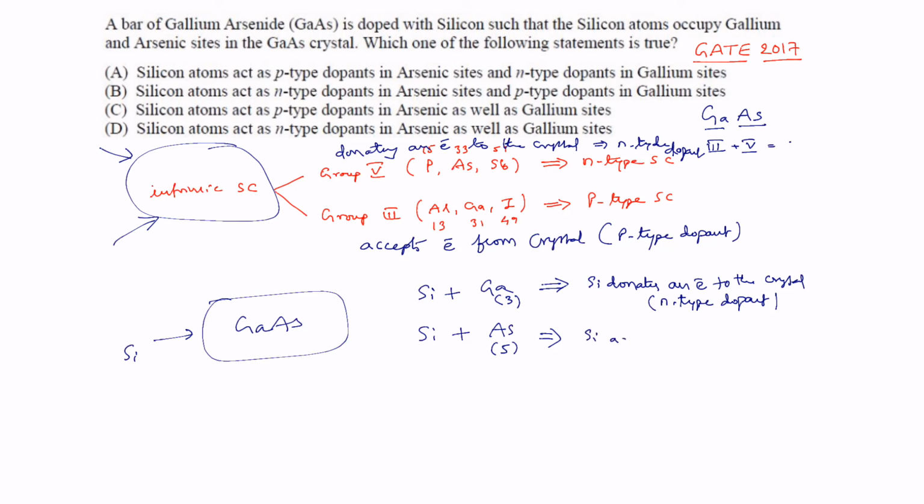So silicon accepts an electron from the crystal, thereby a hole is created in the arsenic, which makes silicon a P-type dopant for arsenic sites, and silicon acts as an N-type dopant in the case of gallium sites. So the right answer for this one is A. Thank you.